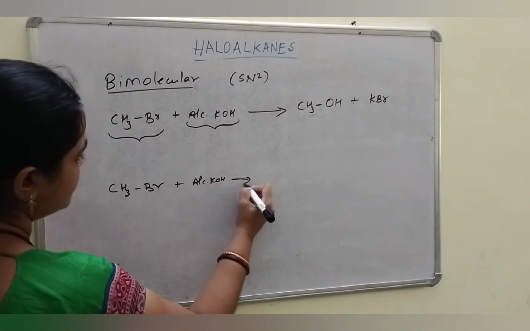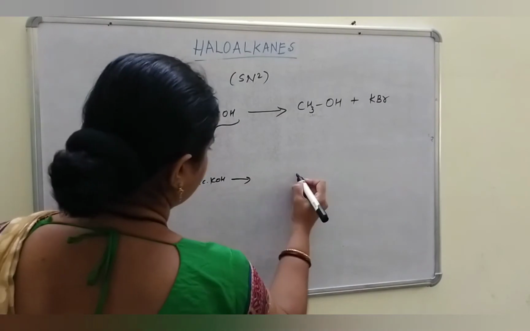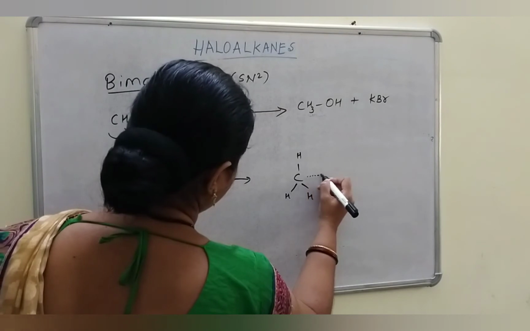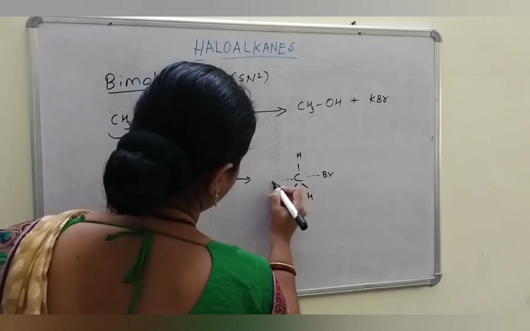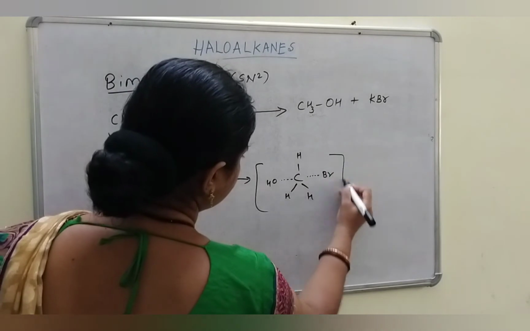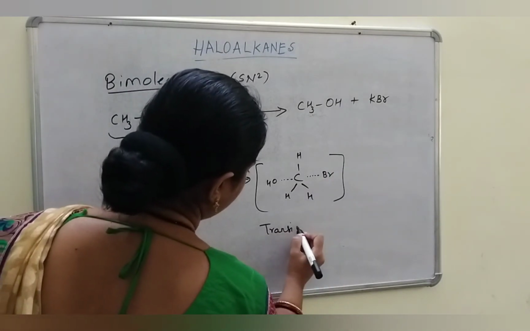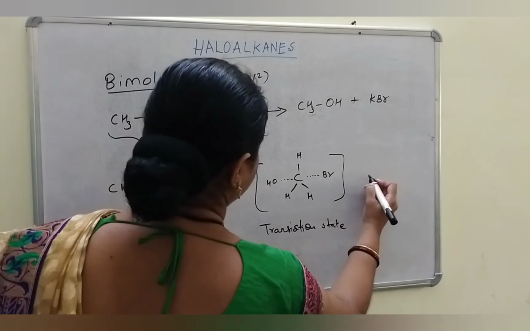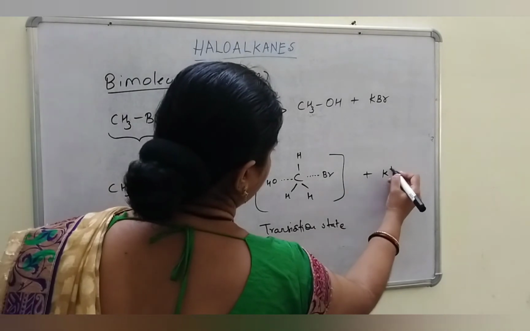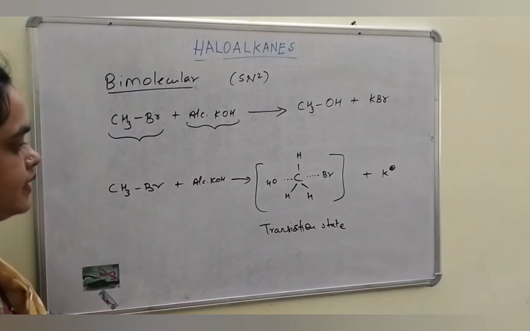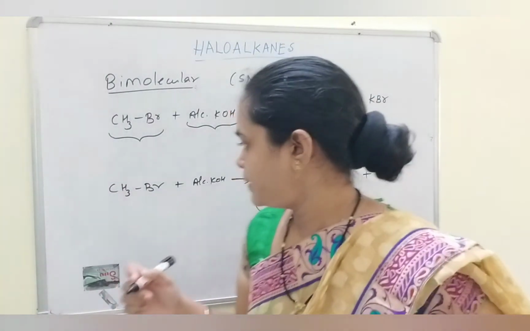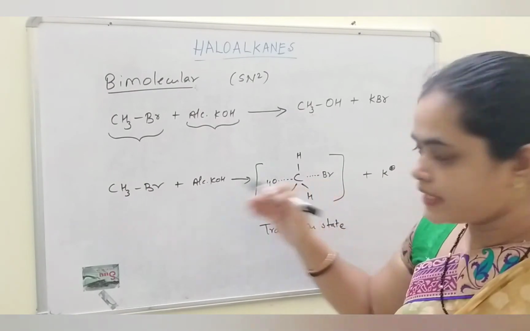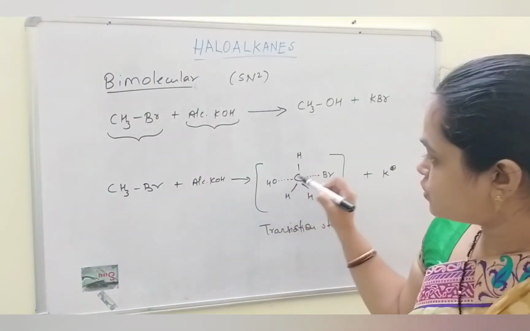The alkyl halide reacts with alcoholic KOH and forms CH3, Br, OH. This is called the transition state. In this, the carbon leaves the bromine, and on the other side, the nucleophile attaches to the carbon.